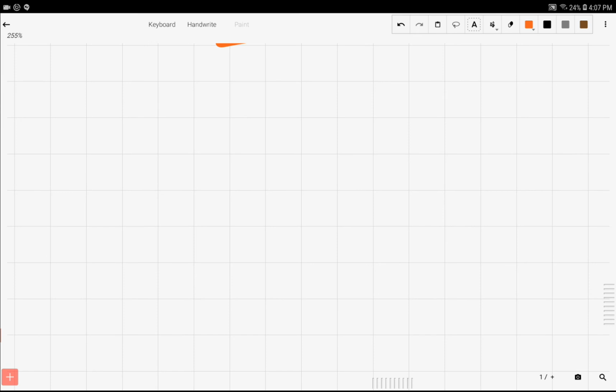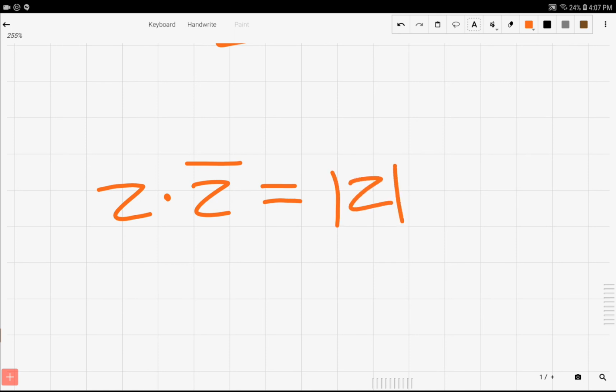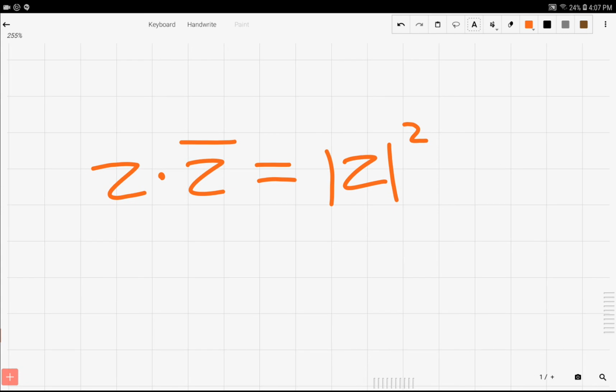Now, one thing you may have noticed is that a complex number times its conjugate is actually the magnitude of the complex number squared. So we can simply prove this by plugging in a plus bi for z.